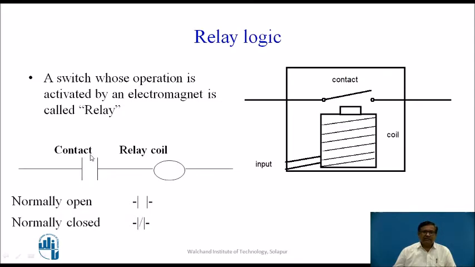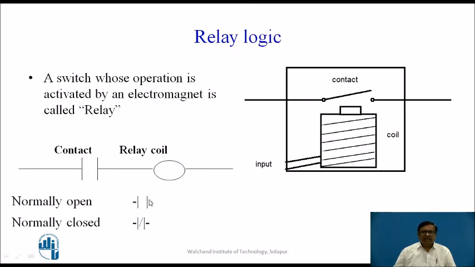And the contacts are of two types. One is the normally open contact, that means when the coil is de-energized, the contact is open, and when the coil is energized, the contact becomes closed. Here whatever is shown is a normally open contact, that means when there is no current flowing through the coil, this contact is open, that is why it is called normally open.